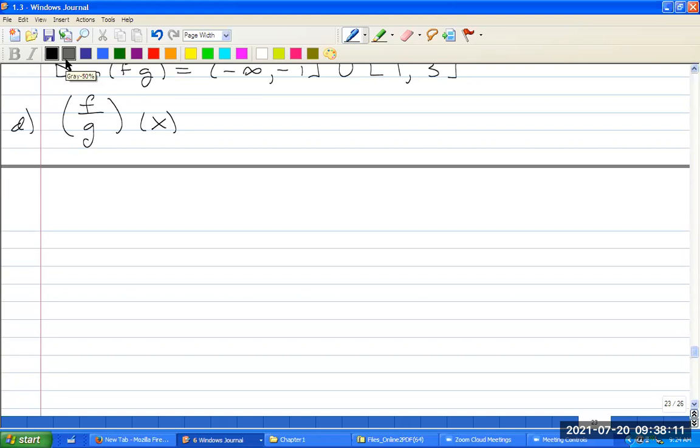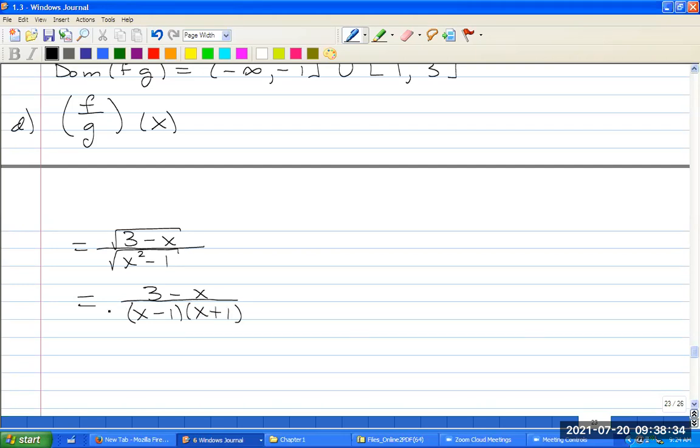So this is equal to the square root of f over g, which is the square root of 3 minus x divided by the square root of x squared minus 1. So this is equal to the square root of 3 minus x over x minus 1, x plus 1. Okay.